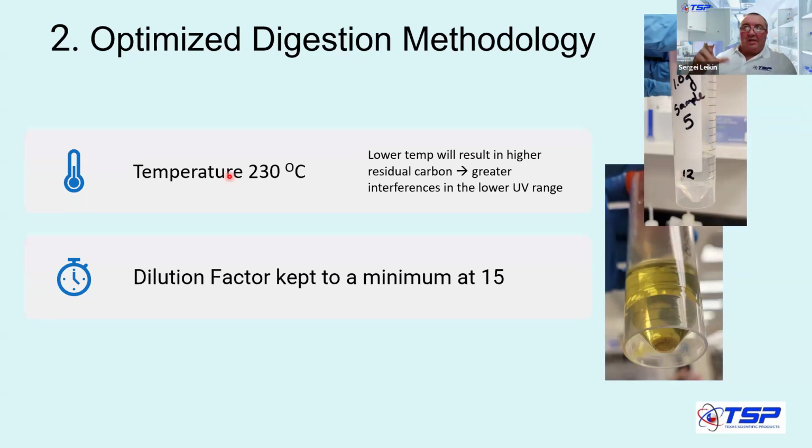Even a tiny amount, typically less than 1%, but you will see how it affects certain elements spectrally. And then we used 1 gram of sample and brought it to only 15 milliliters instead of 0.5 to 50 or 1 to 100. So we cut the dilution factor. You see here a picture showing only 15 milliliters, 1 gram to 15 mLs.